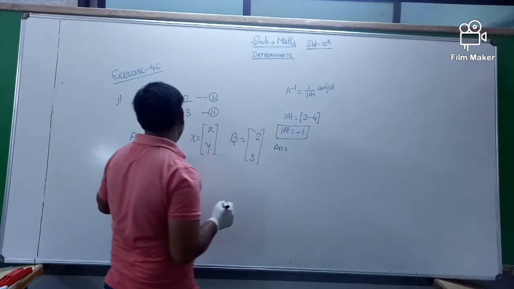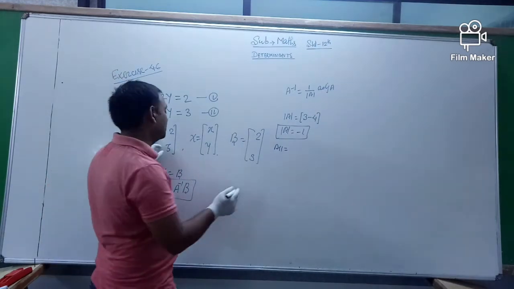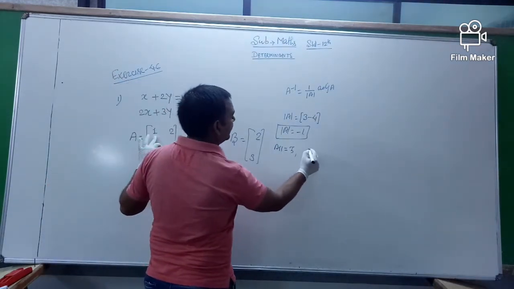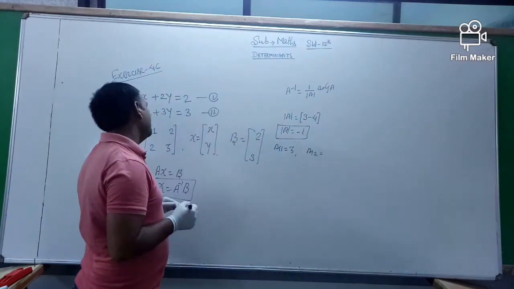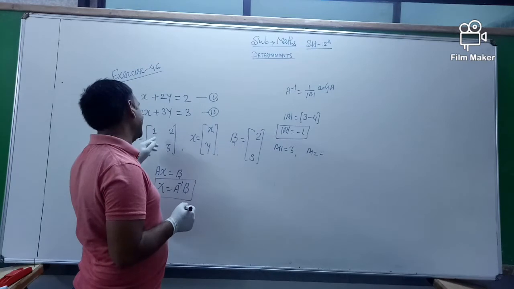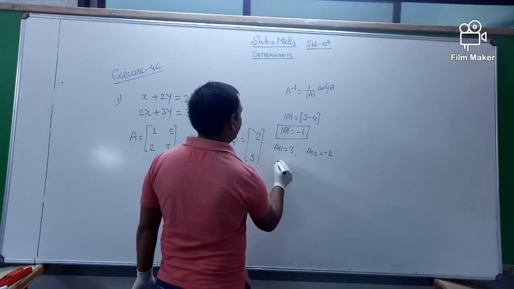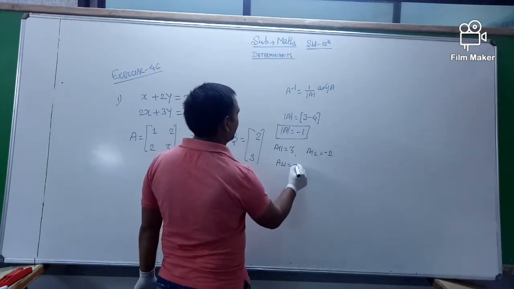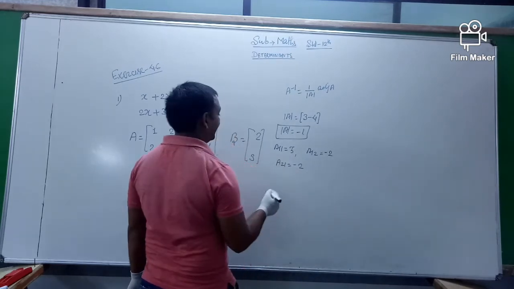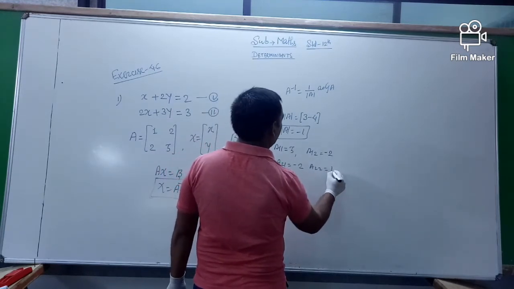After that you find A11. For A11 you take the first row and first column, so the element is 3. A12 is, taking the first row and second column, minus 2. Then A21 is equal to minus 2, and A22 is equal to 1.